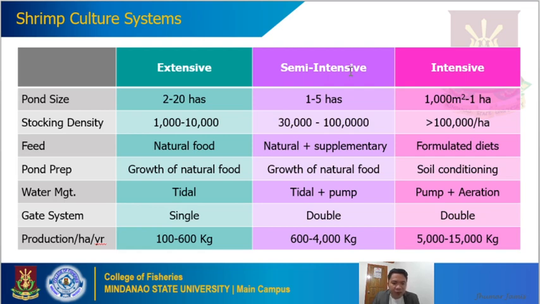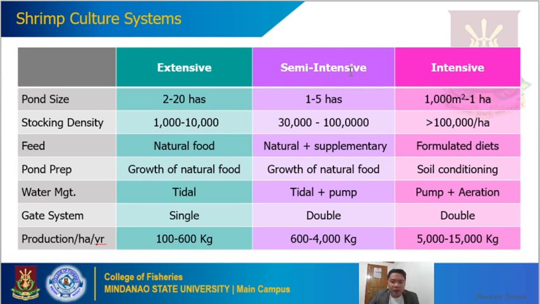And then with regards to the water management, extensive aquaculture only relies on the tidal fluctuation, while the semi-intensive will rely on both tidal fluctuation and the pump, and the intensive aquaculture will rely on the pump and artificial aeration, normally with paddle wheels and some sort of aerator devices or even blowers.